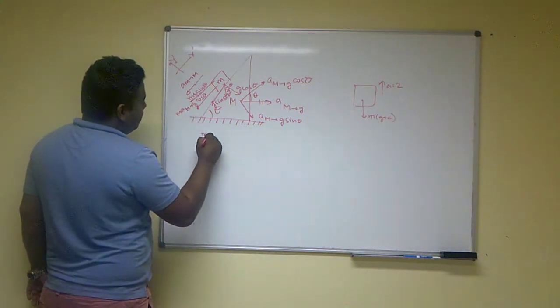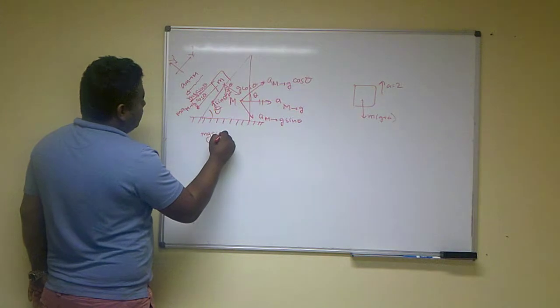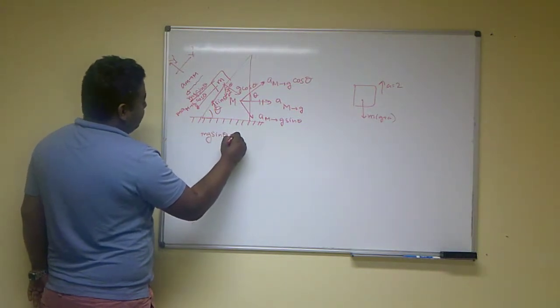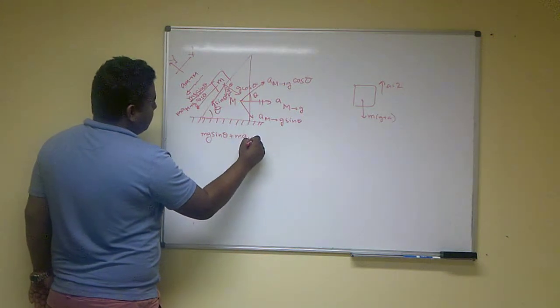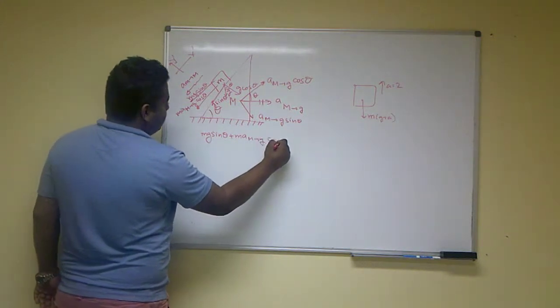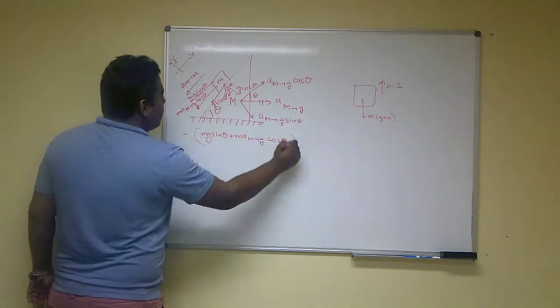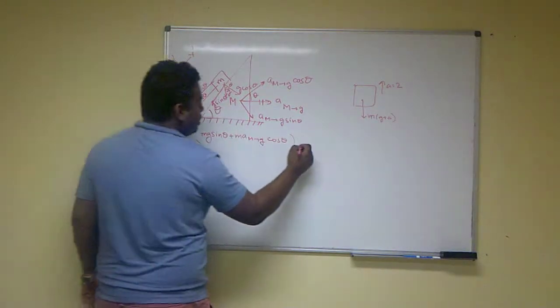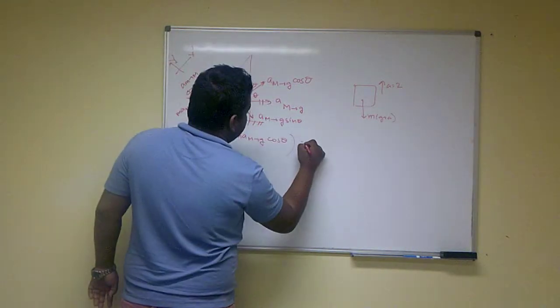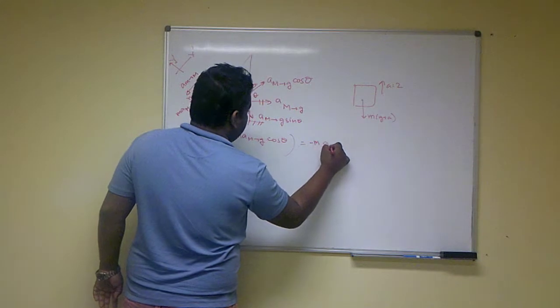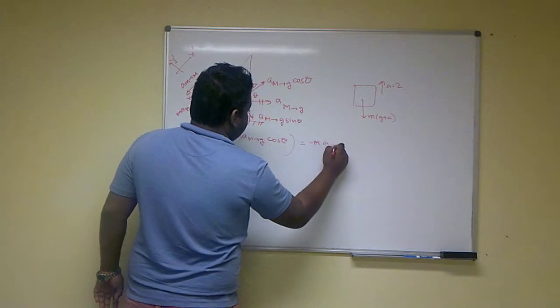One is mg sin theta plus m capital A with respect to g cos theta, entirely negative because the force is entirely in the negative x prime direction, equals minus m a small m with respect to capital M.